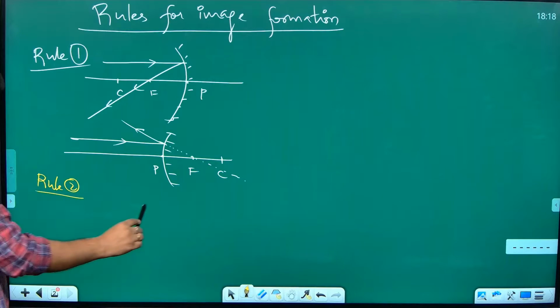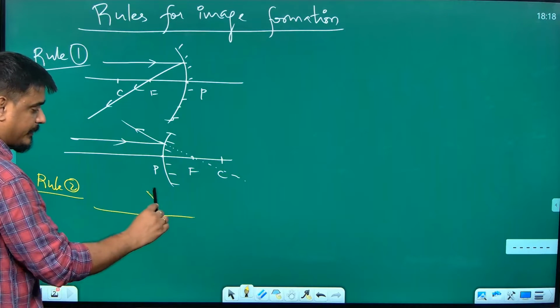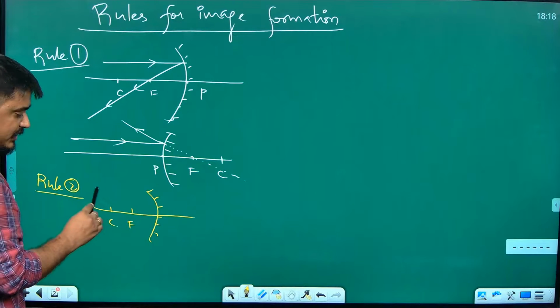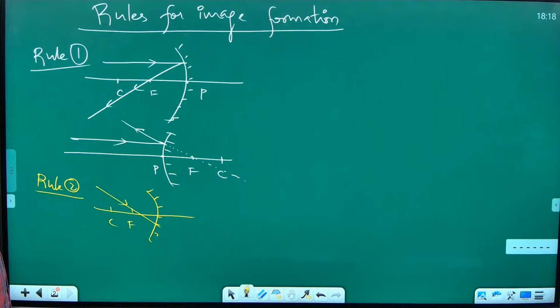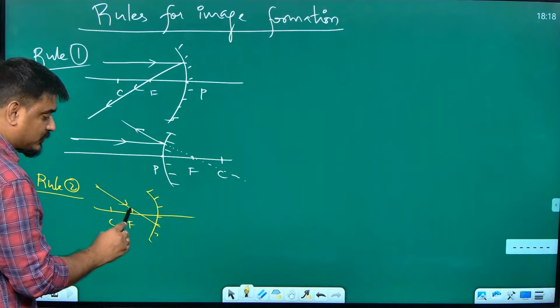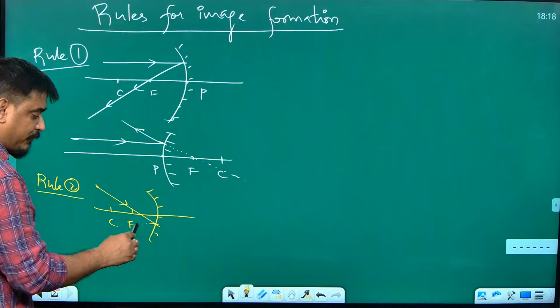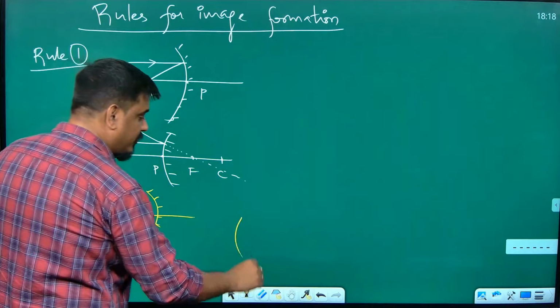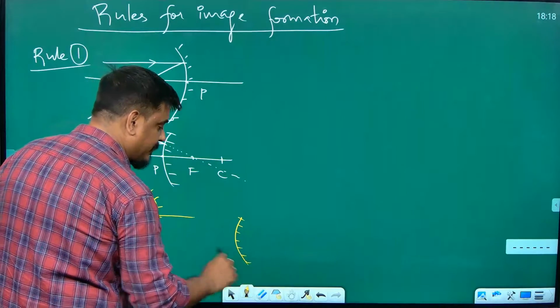Rule 2 says that suppose there is a ray. This is the focus, this is the center of curvature. The ray has gone like this, passing through the focus. If a ray passes through the focus, after reflection it will become parallel to what? The principal axis. In the case of a convex mirror, what will happen, you see?